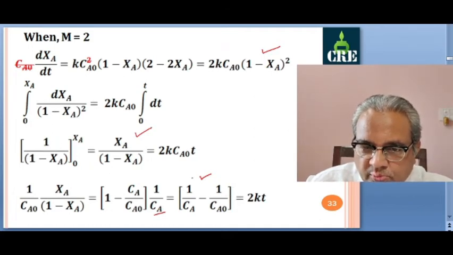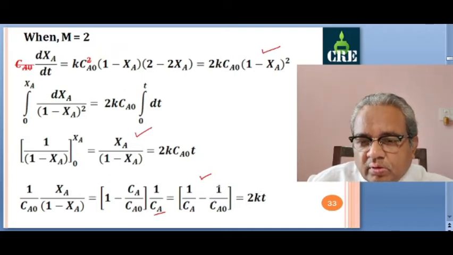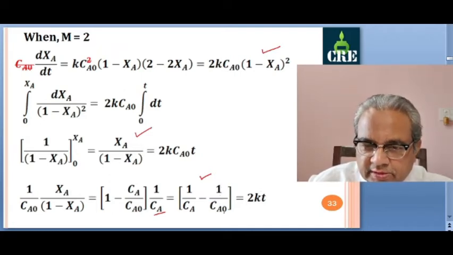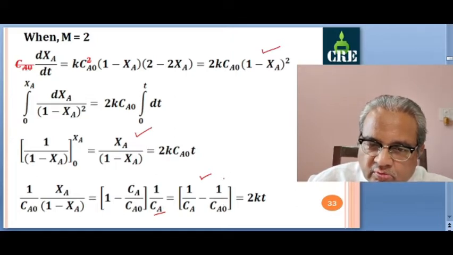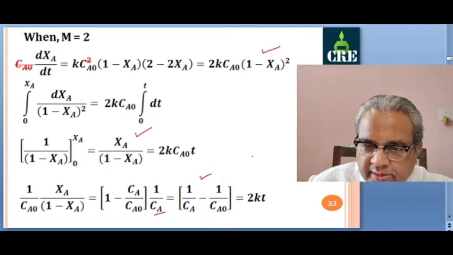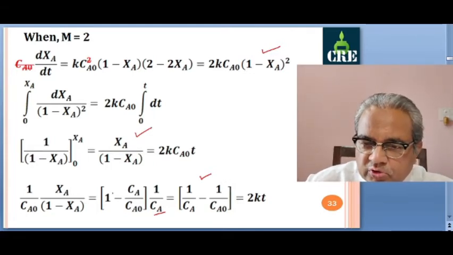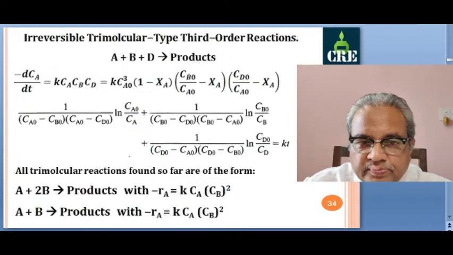So if you plot 1 upon Ca as a function of time, the slope will be 2k. You can find k from the slope, and the intercept will be 1 upon Ca0, which is known. So your line starts at the point 1 upon Ca0 on the y axis, and you will get a straight line of slope 2k.